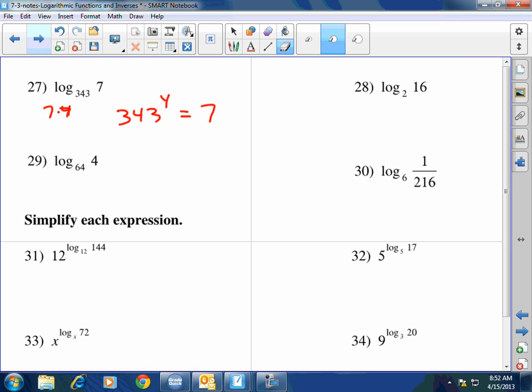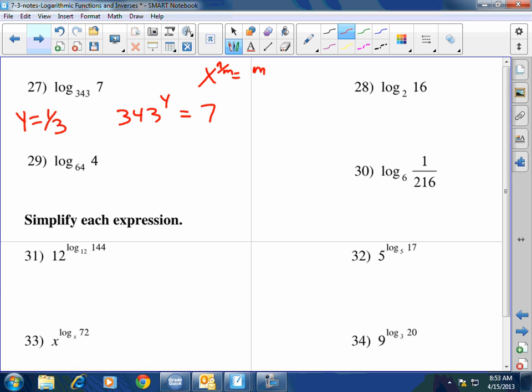So y will equal the 1/3 power. Now, for those of you that are like, wait, what just happened here? Think about it, guys. Remember that when I have x to the n over m, that's the m-th root of x to the n power. So I had this 343, and the answer is 7.